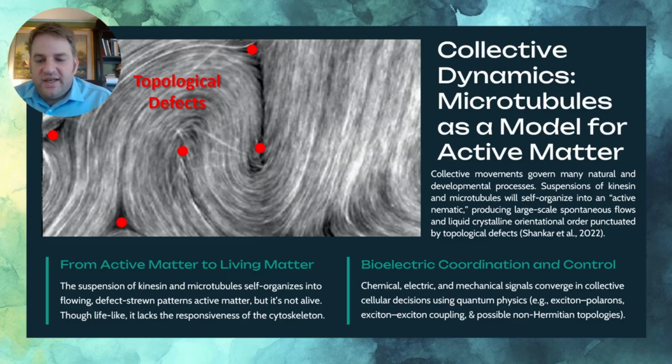Chemical, electric, and mechanical signals converge in collective cellular decisions, ultimately on the most elementary scale using quantum physics. And I hope I've shown you in this talk today how quantum mechanical coherent effects such as the formation of exciton polarons, exciton-exciton coupling, as in superradiant type effects, and other possible non-Hermitian topologies can play a role in the system.